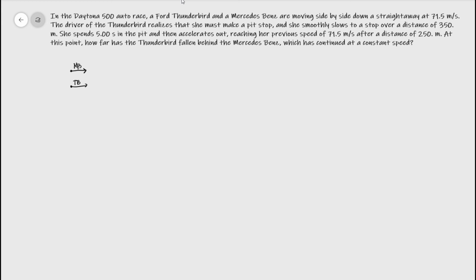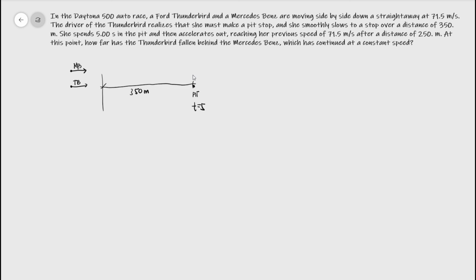Now at some distance, the driver of the Thunderbird realizes that she needs to stop at the pit. Let's say this is the point at the pit. From the pit, the distance is 350 meters. And after the Thunderbird stops at the pit, she stays there for another 5 seconds.